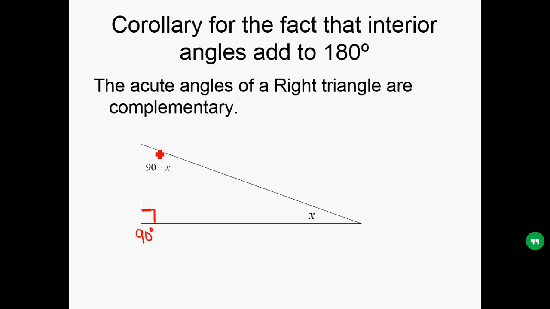Well, that tells me that these other two angles have to add up to 90 degrees. That's all that this is saying. So if you have a right triangle, these two angles are going to add up to 90 degrees. And that's because if I take 90 plus 90, I'm going to end up with 180.